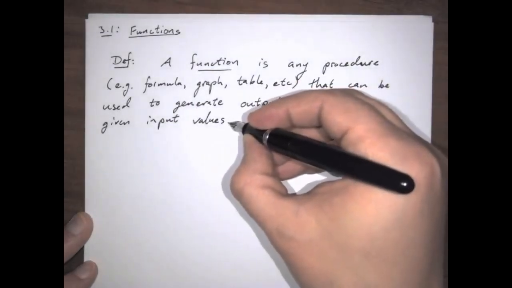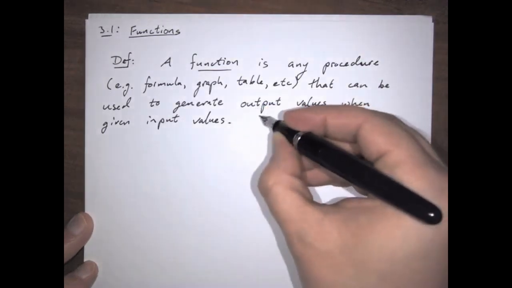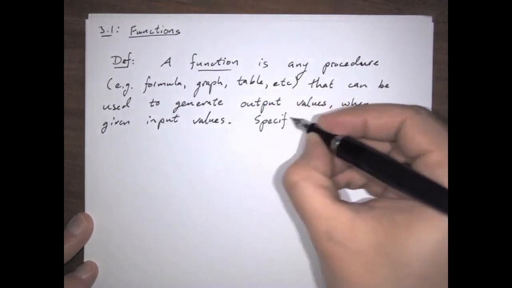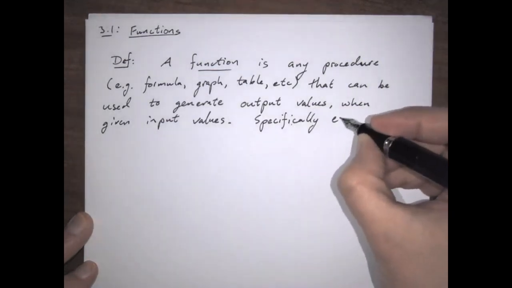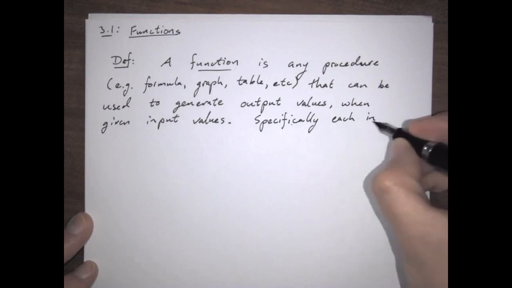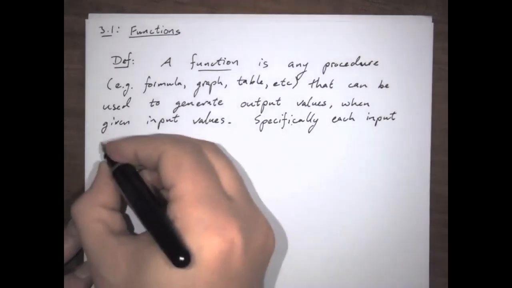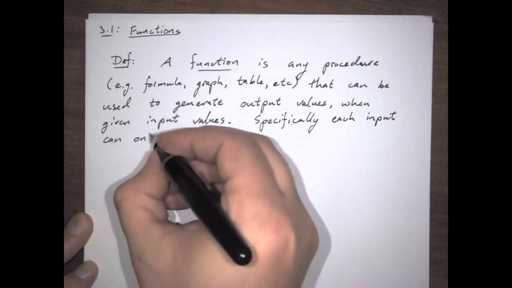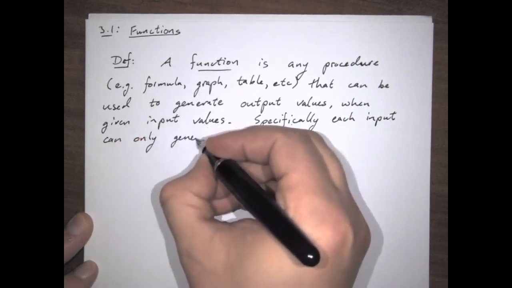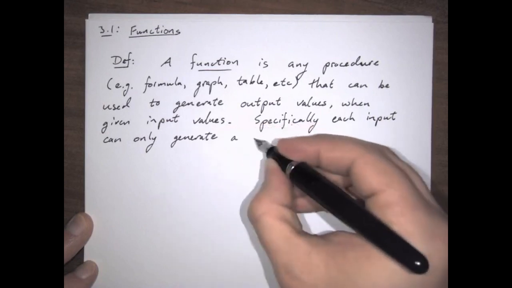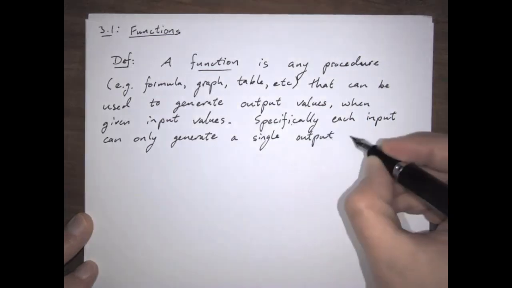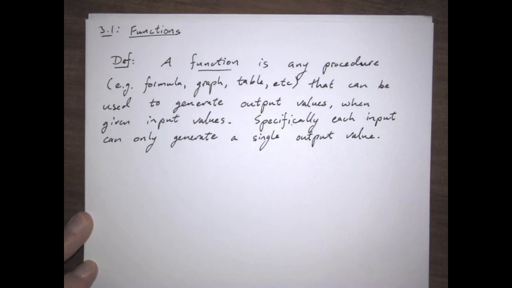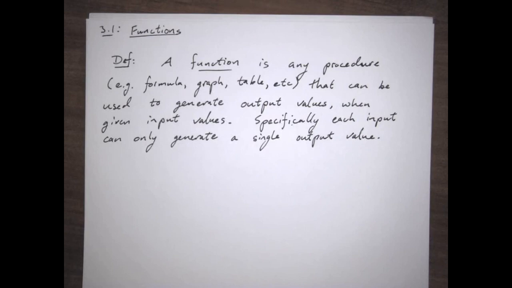Now there's one catch here. Specifically, each input can only generate a single output value. So if you think of a function as being a way of answering a question, you feed it a number, it gives you an answer.